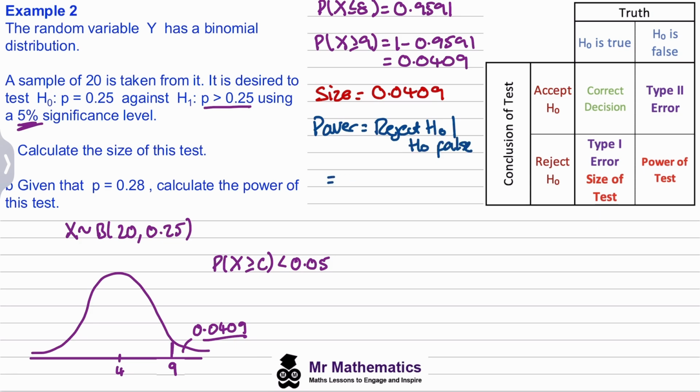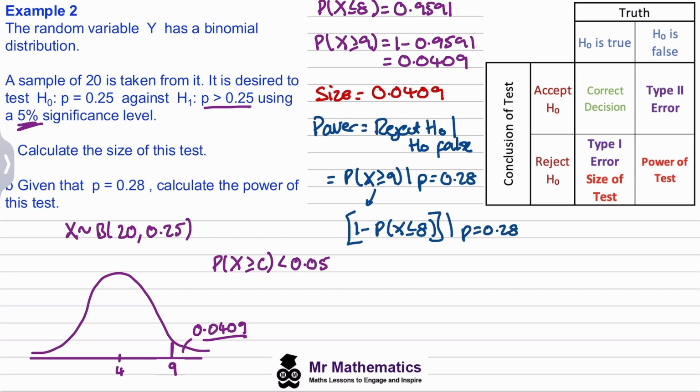So the power will be the probability of being inside our critical region, so X is greater than or equal to 9, given that P is 0.28. And we can work out this probability as 1 minus X being less than or equal to 8, given our new value of P.